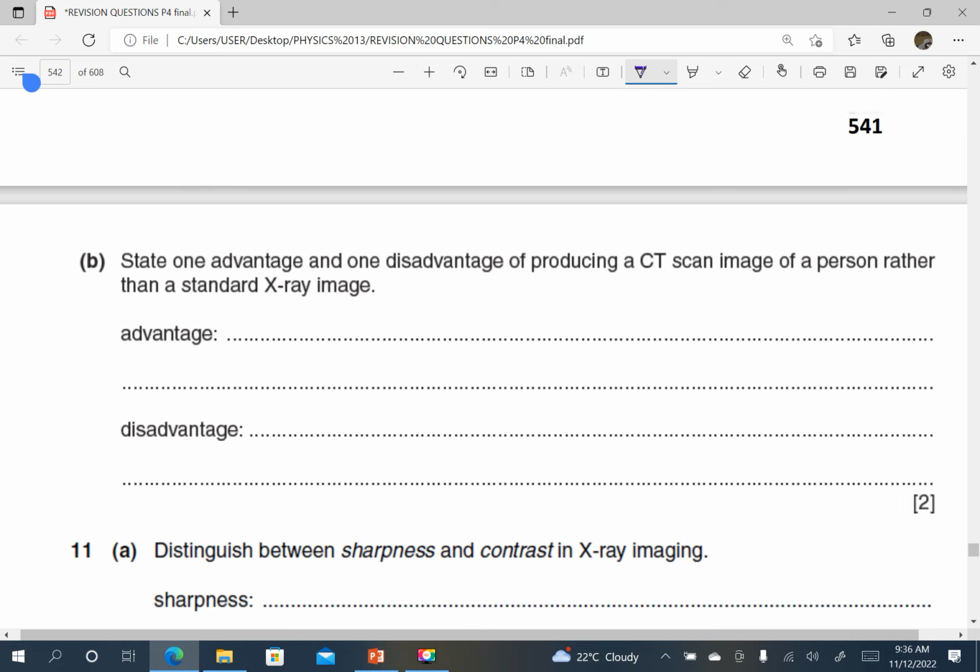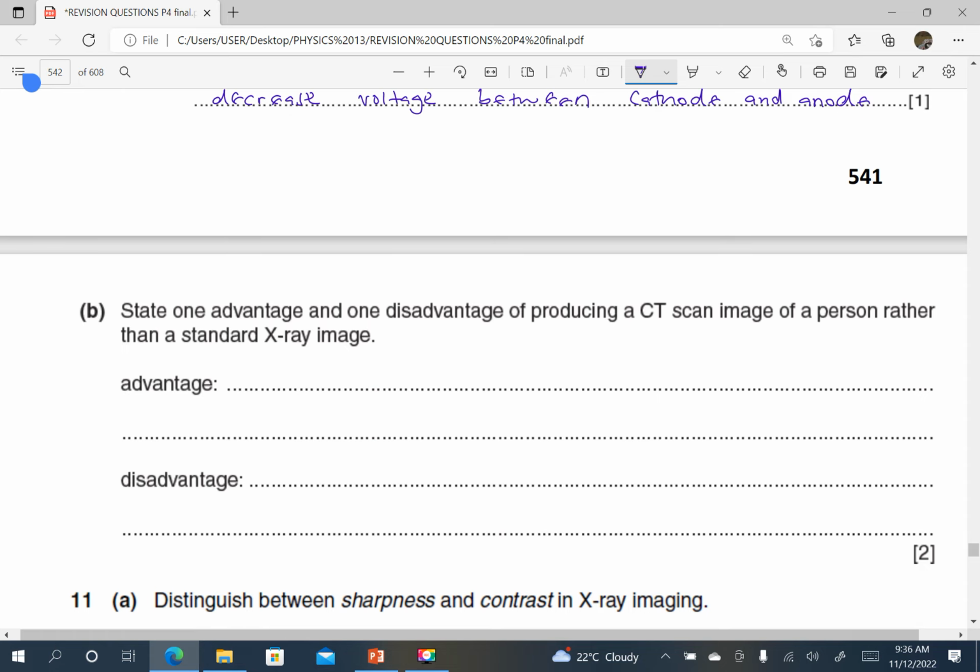One advantage of a CT scan: the image gives details of depth of structures in the body since it is three-dimensional, and it can be viewed from any angle. That is the major advantage of the CT scan.